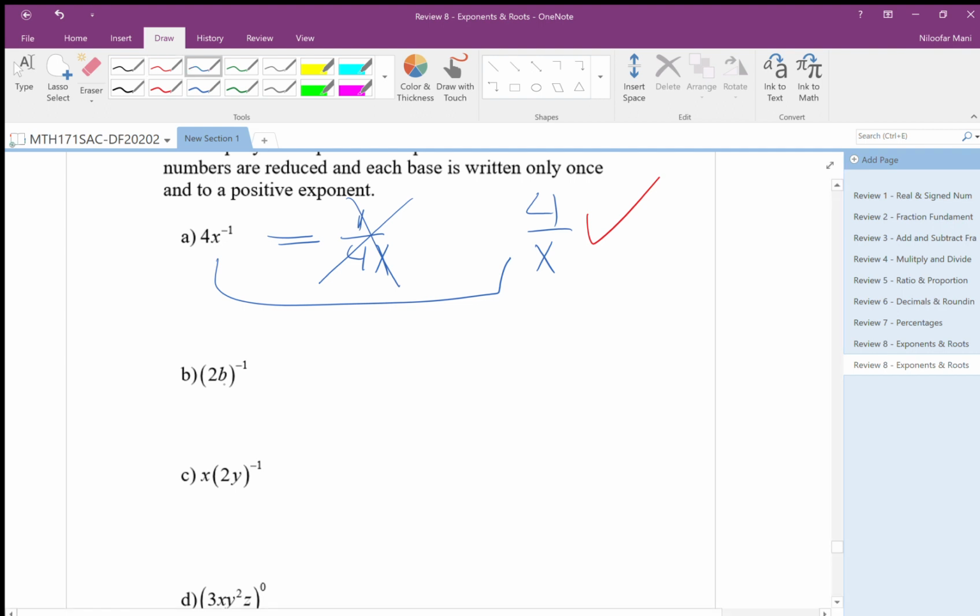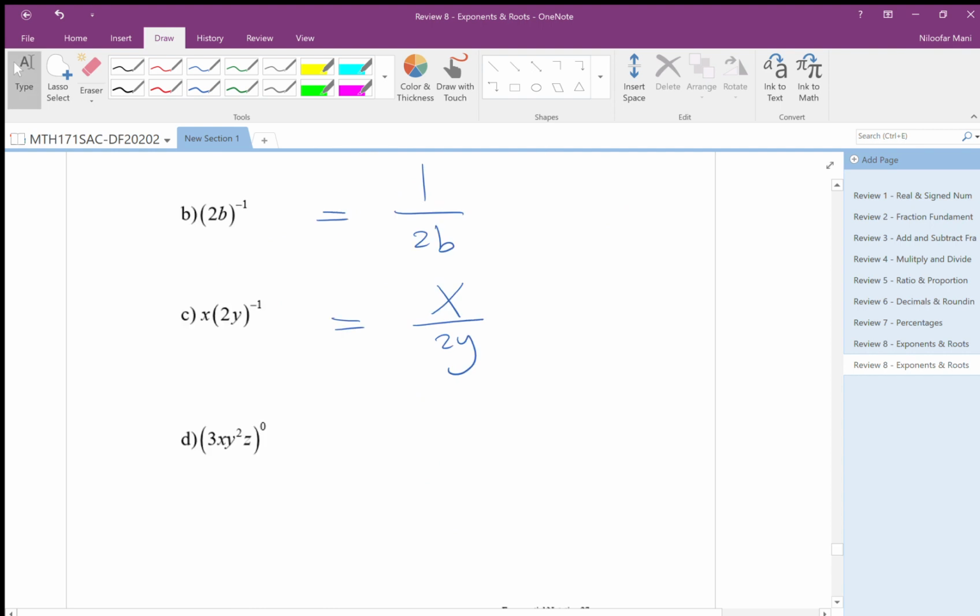But here 2b is inside the bracket, so it is 1 over 2b. Yes. How about here? x stays up over 2y because 2y together is in the bracket and to power minus 1. How about here? Do I need to be worried about inside? No, the answer is just 1 because it's power 0. Okay?